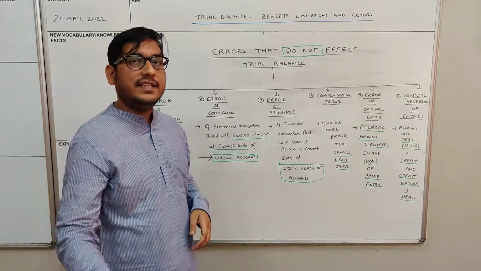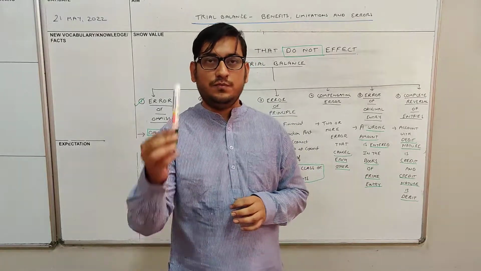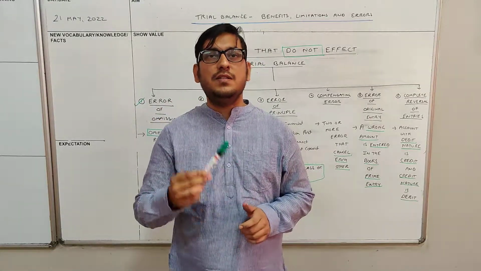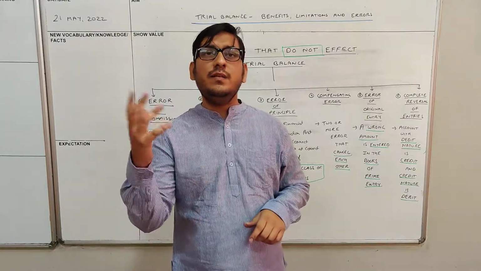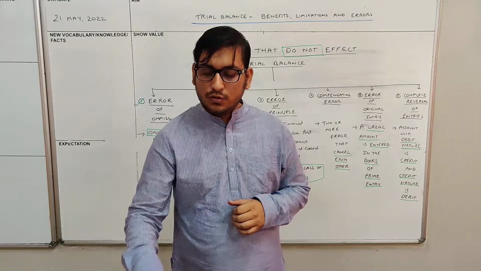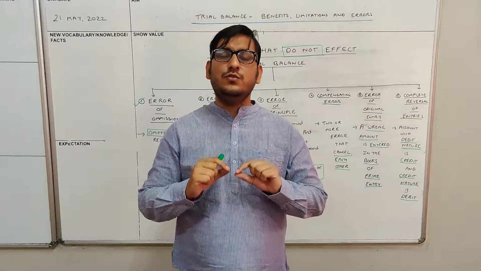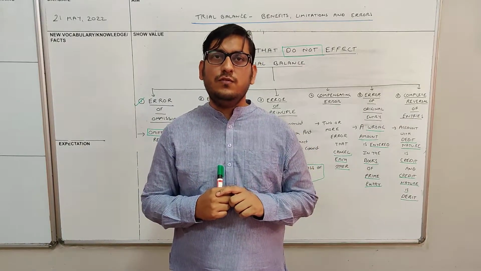Yes. Let us take an example. If we have purchased goods from Mr. Jitu, what entry do I need to pass? Purchase account debit, Jitu account credit. But I have a similar name of account named Jitendra. So I have confused Jitu and Jitendra. So what did I do?